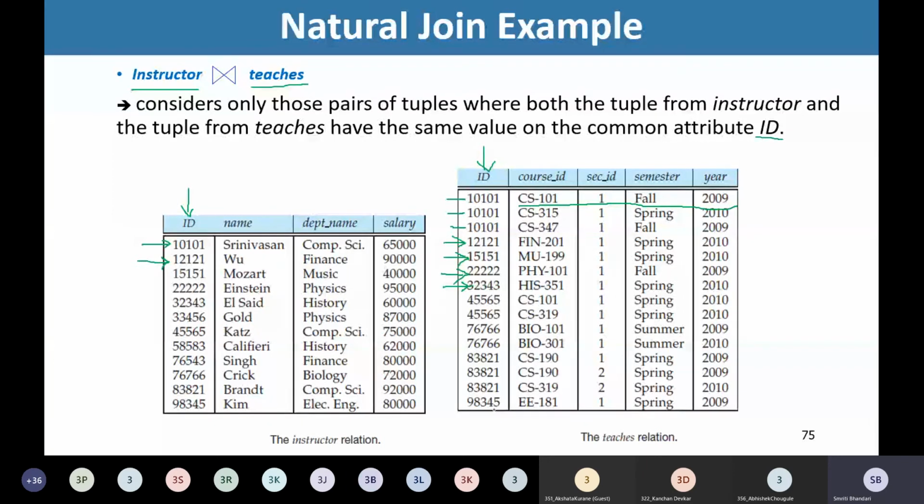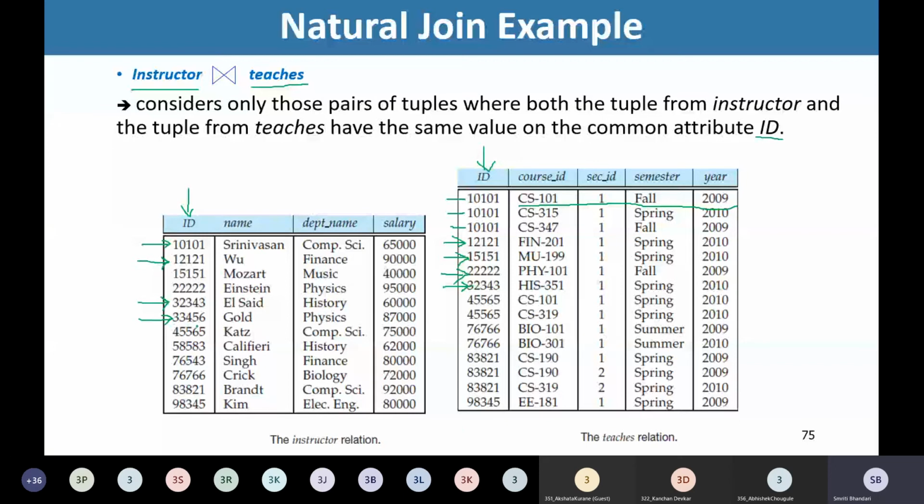Then 33456, we do not have any match, meaning the instructor with ID 33456 has no match.